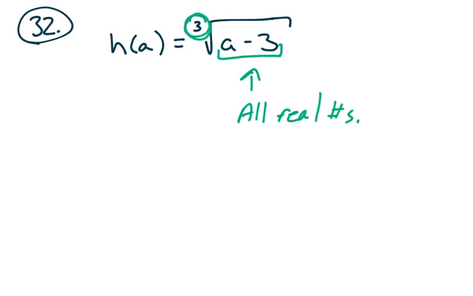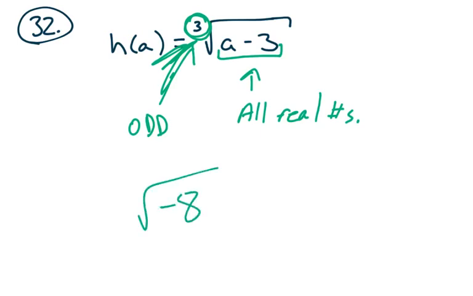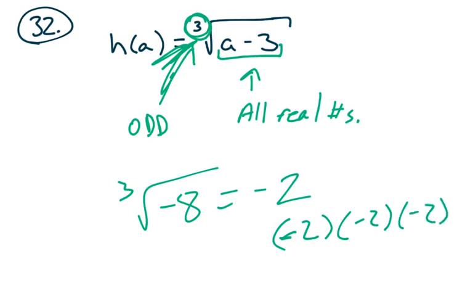If the index is odd, then it'll work whether the value is negative or positive. For example, the cube root of negative 8 is negative 2, because negative 2 times negative 2 times negative 2 is, in fact, negative 8.